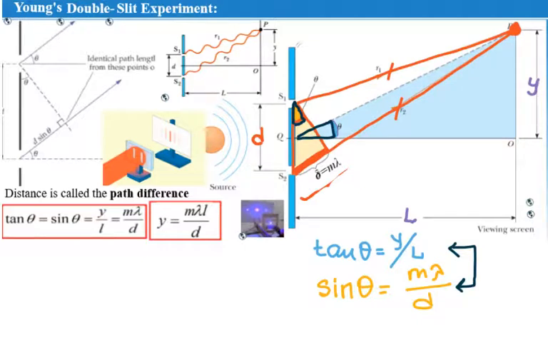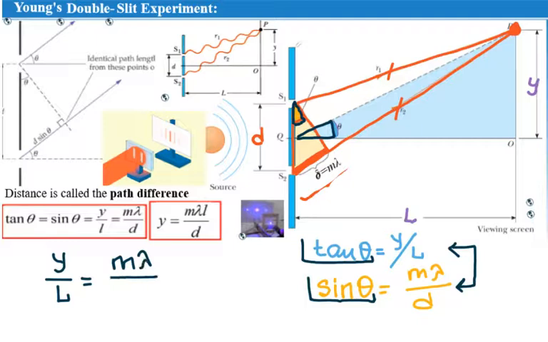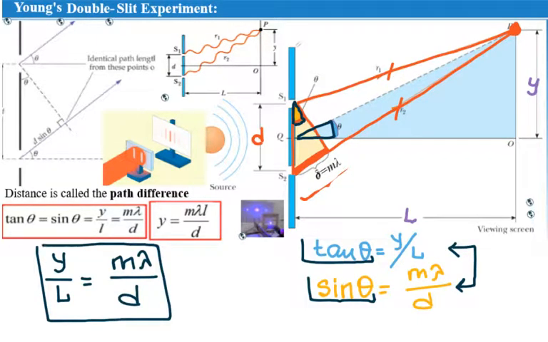So for Young's double slit formula, because for small angles sine is equal to tangent, I can write that y over L is equal to m lambda over d. This is my formula for the double slit experiment.